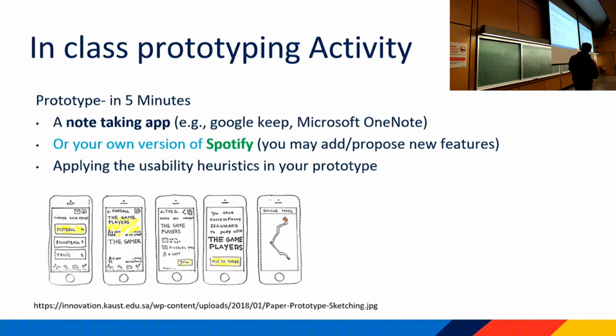The second one is designing or sketching your own version of Spotify. Maybe the Spotify you're using is super perfect, but you want your own feature. So let's take 5 minutes and make a prototype of your own Spotify.